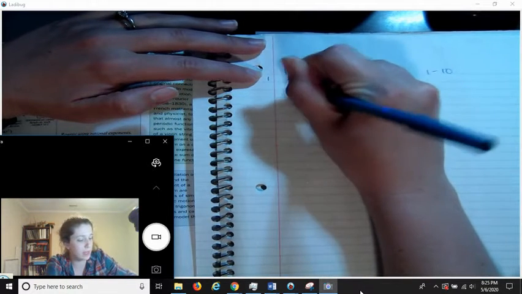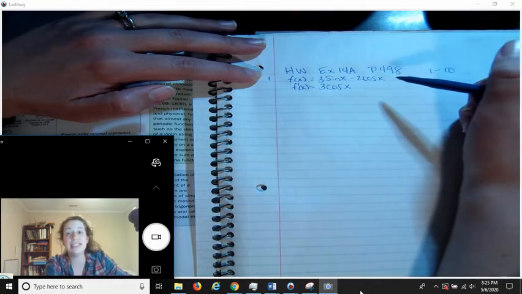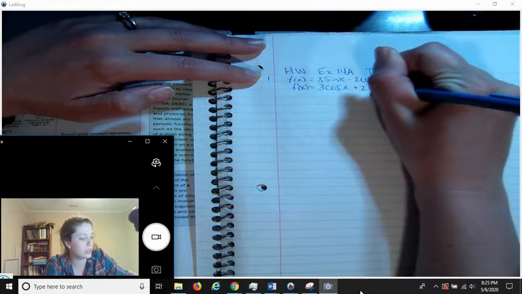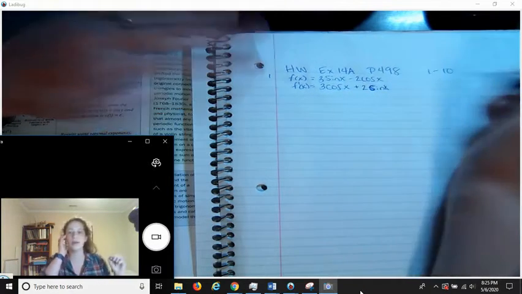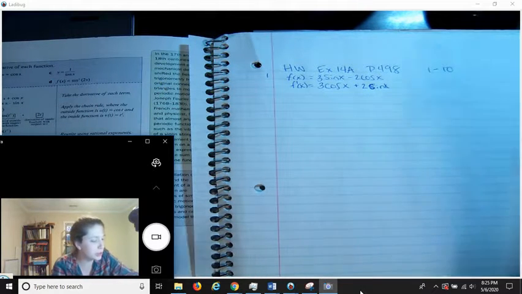So f prime of x is 3 cosine x. The derivative of cosine is negative sine, so I'm going to have plus 2 sine of x. Okay, that's number 1.